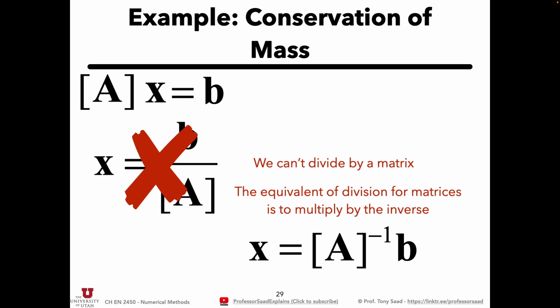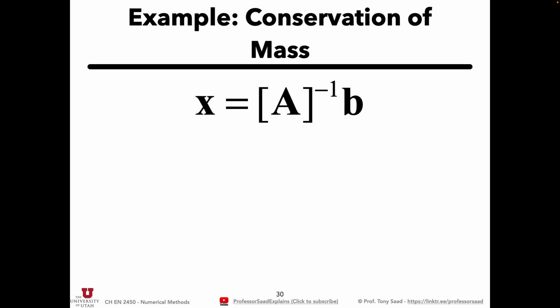It's a more complicated thing to do. So we will call this A inverse from now on. And we know that the solution, when you have a system of equations written as AX equal B, is X equals A inverse B.